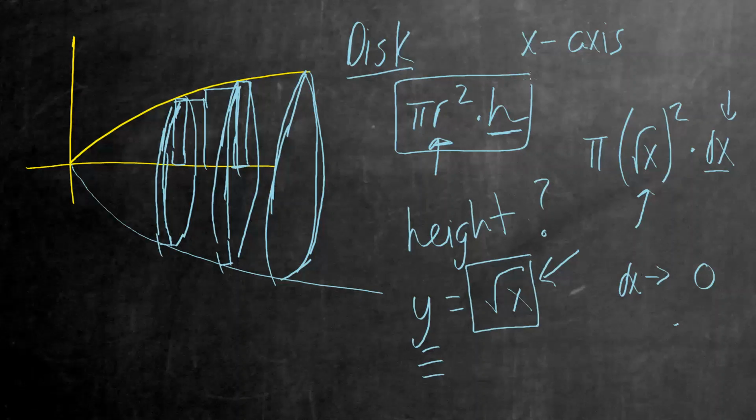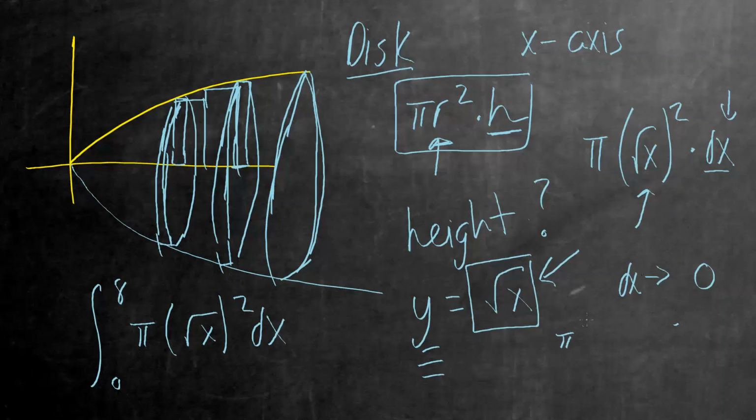So part C asks, use your disks and set up an integral that will accumulate or add up the volume of disks from 0 to 8. So 0 to 8 of pi r squared h. Obviously super convenient to square the square root. We get an x. Pi is just a constant, so we could go ahead and simplify that.